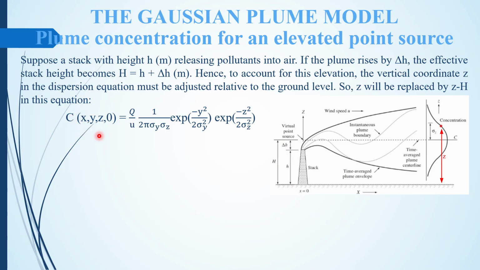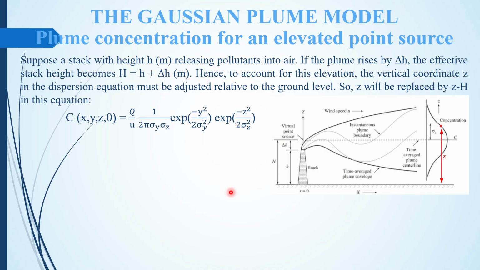This equation we have already discussed. So in this equation we just replaced z with z minus h, because in this equation this is actually z, but here from the ground to this point is z, so we have to deduct this effective height to get this portion from the center line to the point.